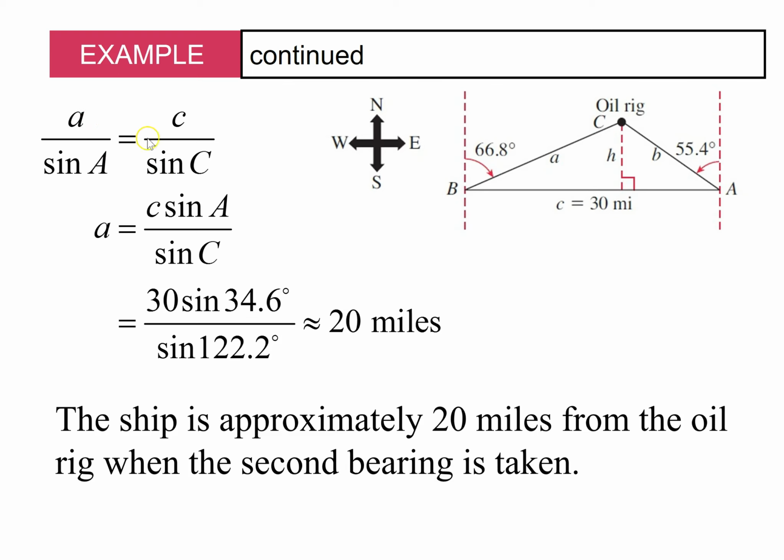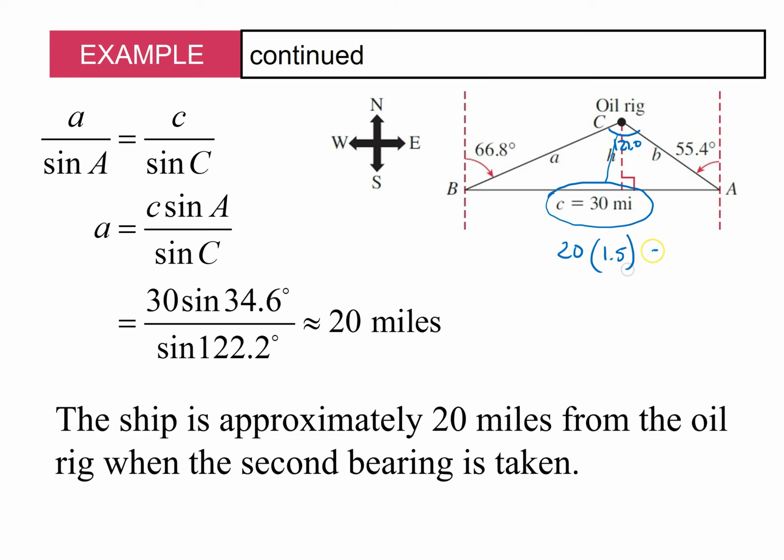So do a law of sines for this one. The law of sines would be 122.2 corresponding to this side. Now the question is, what is this side here? Remember how the ship was traveling at 20 miles per hour, and they said an hour and a half later.